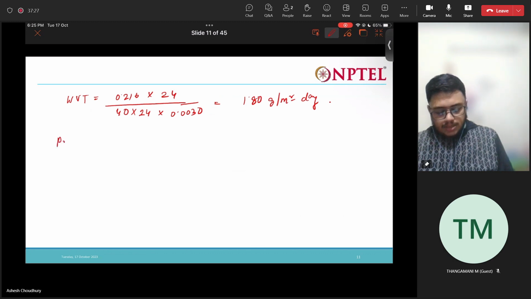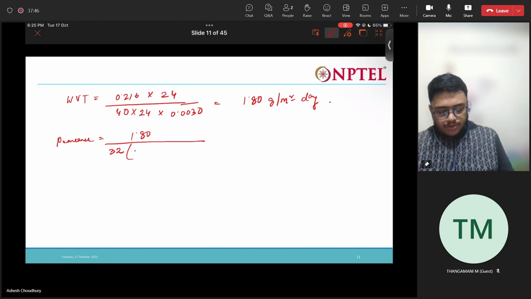Next we have the permeance. Permeance was WVT by S into R1 minus R2. So 1.80 by S, where S is the saturation vapor pressure at temperature. Generally at 30 degrees, saturation vapor pressure is 32 mm of mercury.